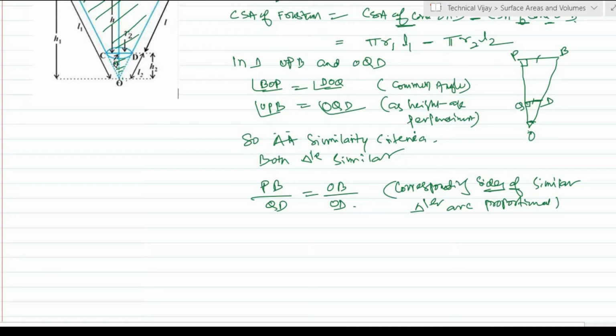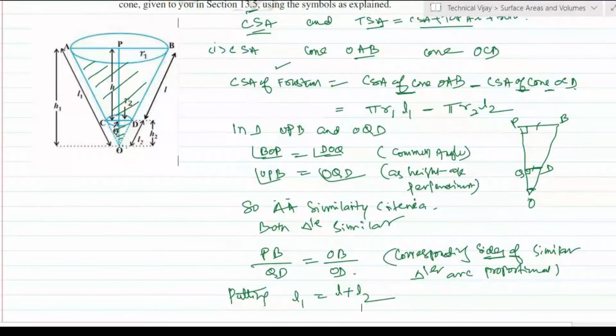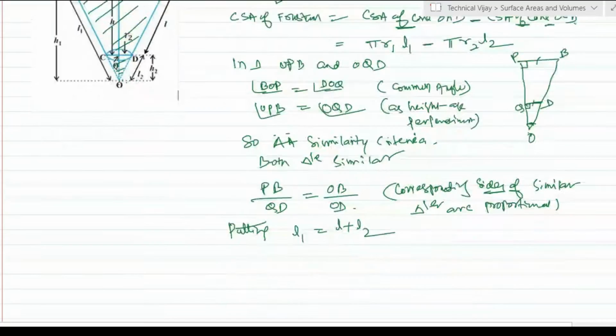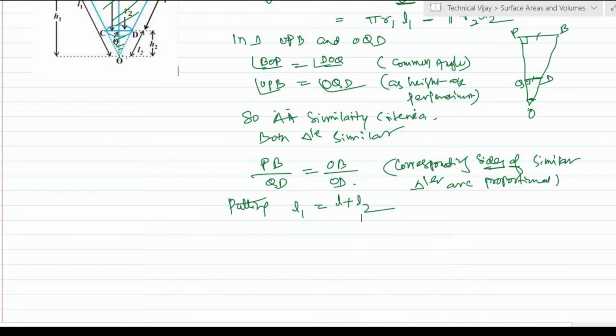Now here we put L1 equal to L plus L2. L1, the total slant height, is equal to L, the slant height of the frustum, plus L2.